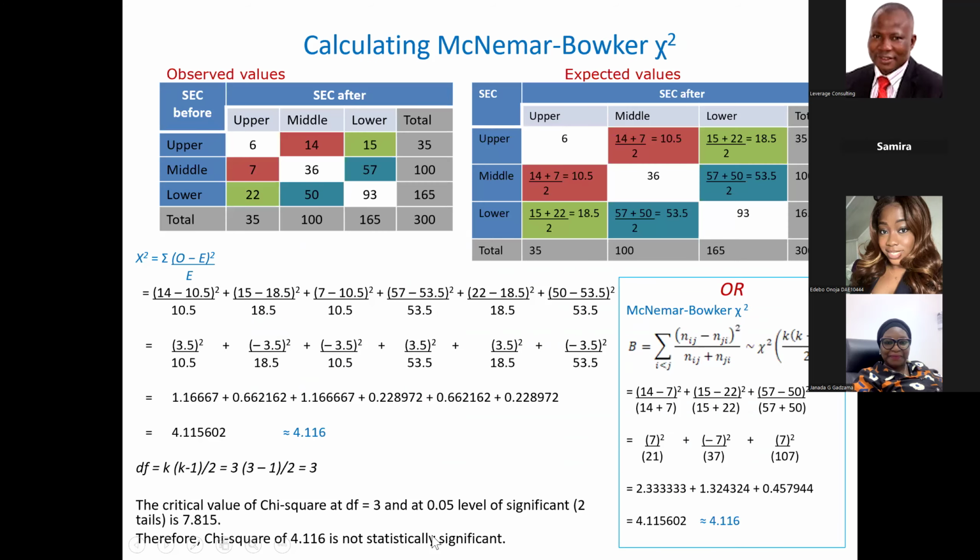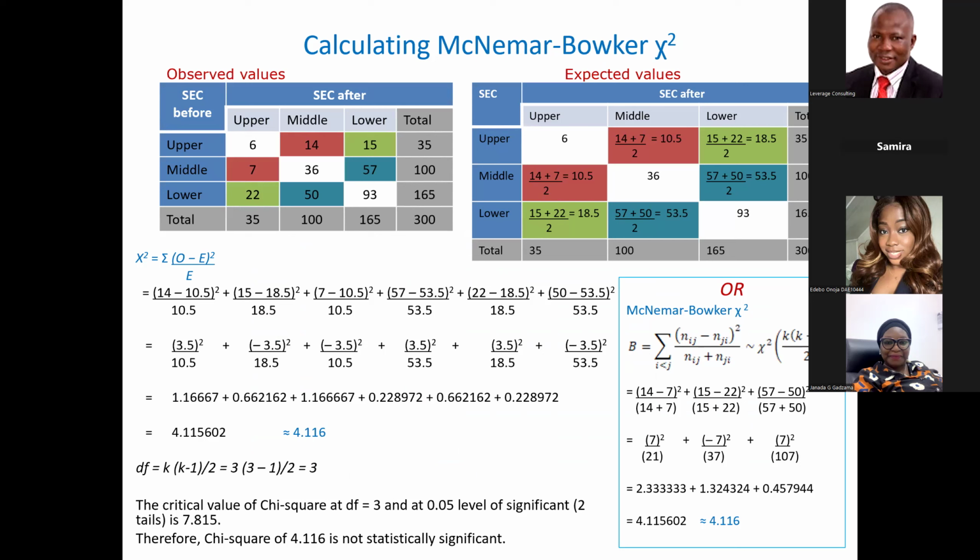If you remember, the short way of calculating McNemar, you don't even need to bother yourself about calculating the expected value. Can you see? All you need to do is take the difference between the discordant cells, square it, and divide by the sum of the discordant cells.